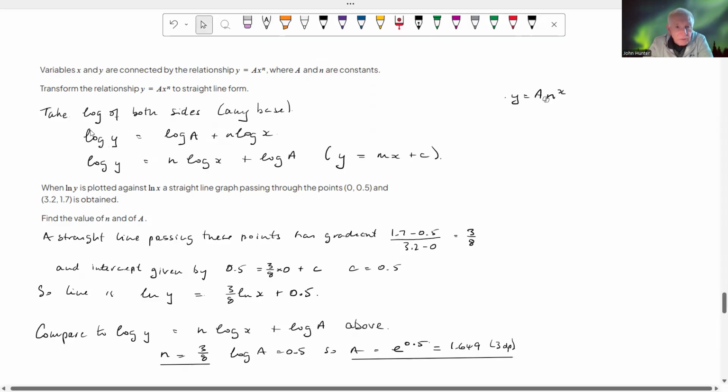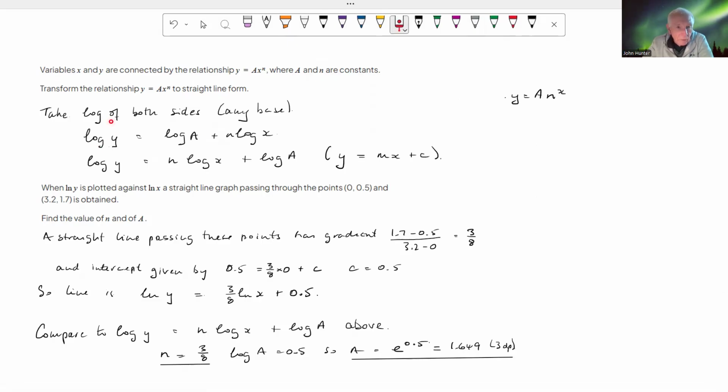We can take the log of both sides, and when we do that, we're going to get log of this. This is any base equals log base a plus log of x to the power of n, which again we can write as n log x. So we've got that. All right. I'll just twist that round, make it a little bit more obvious.